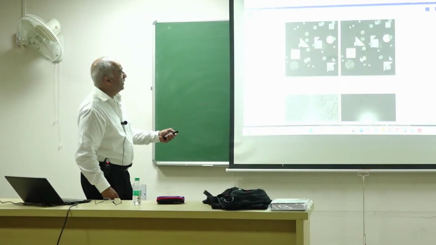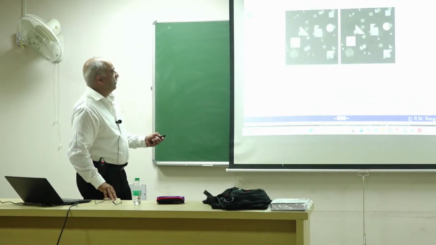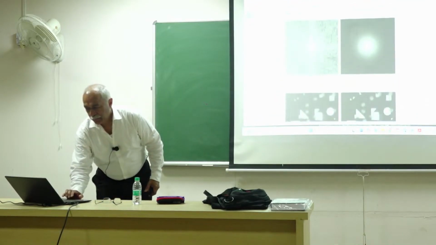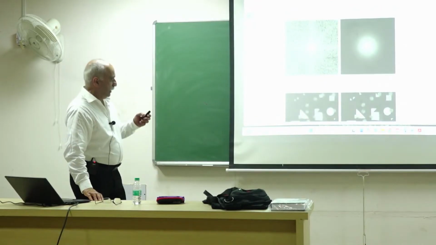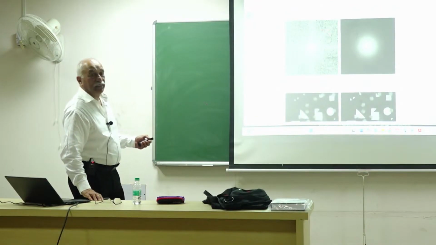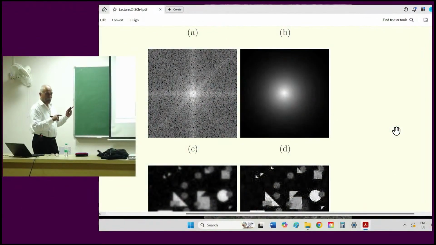That's the original image, the noisy image. The Fourier transform of the original image, the Wiener filter. Because the model is saying image plus noise, the Wiener filter to remove noise has to be a low-pass filter.